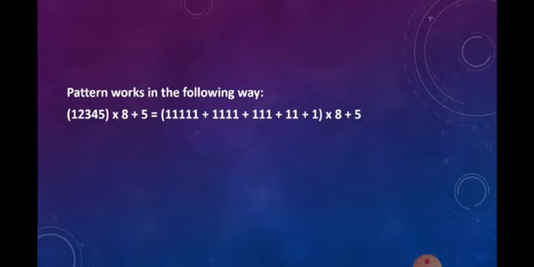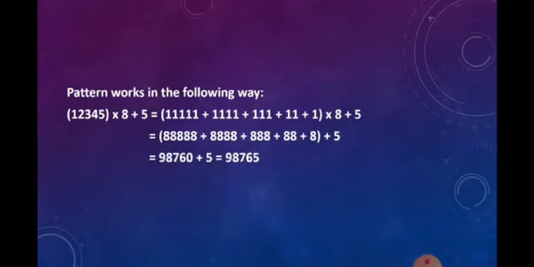Multiply by 8 plus 5, which is equal to, when you multiply this number in the bracket with 8, you will get 8 five times plus 8 four times plus 8 three times plus 8 two times plus 8, and plus 5, which is equal to 98760 plus 5, which is equal to 98765. So this pattern makes sense, and it makes our calculation easy. This is the magic of patterns.